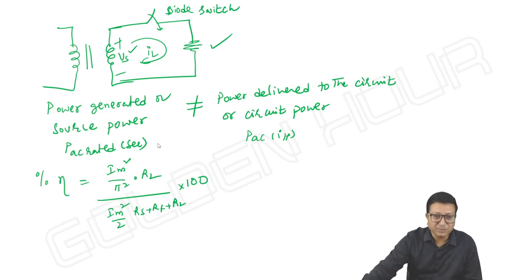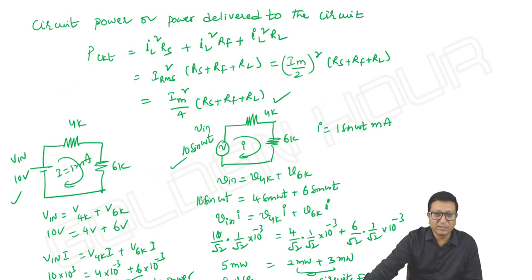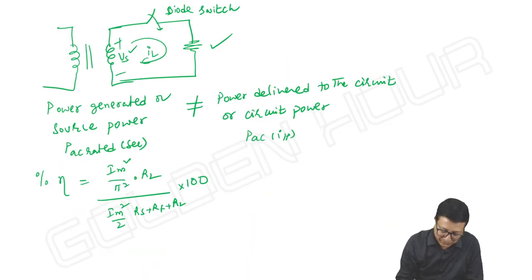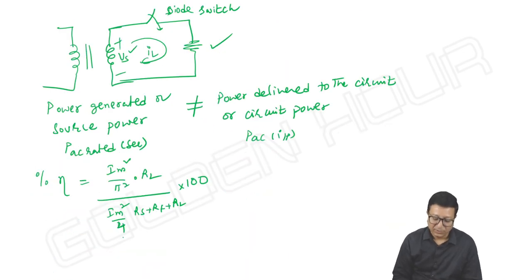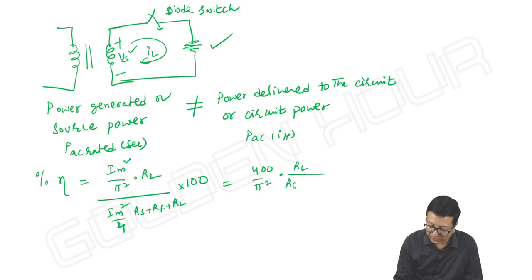Sorry, it is Im square by 4, not 2. So Im square cancels, and I can write it as 400 by pi square into RL by Rs plus Rf plus RL.